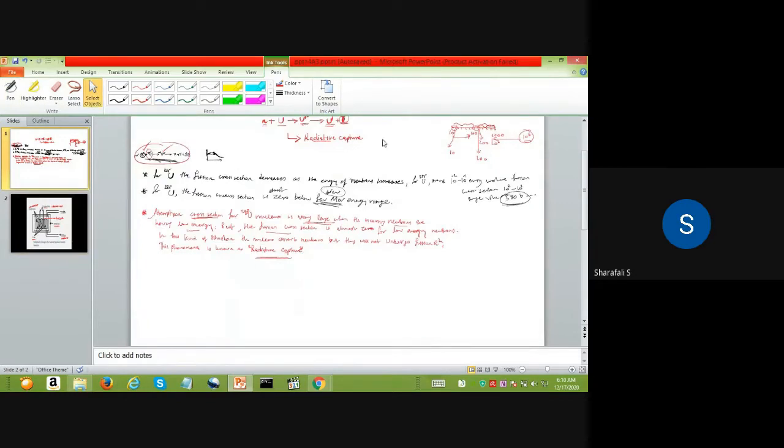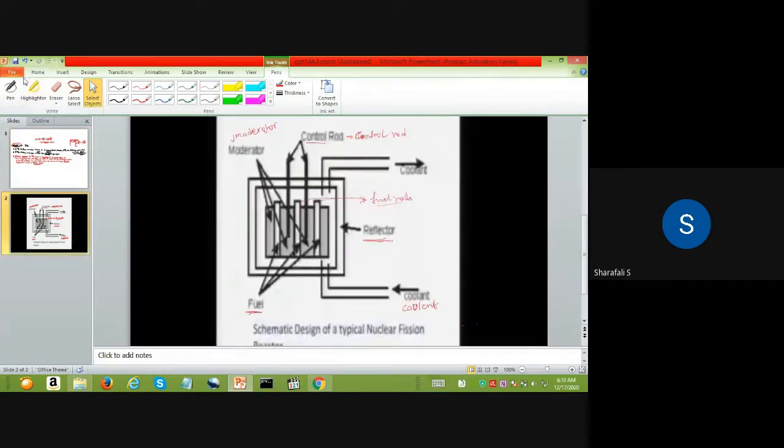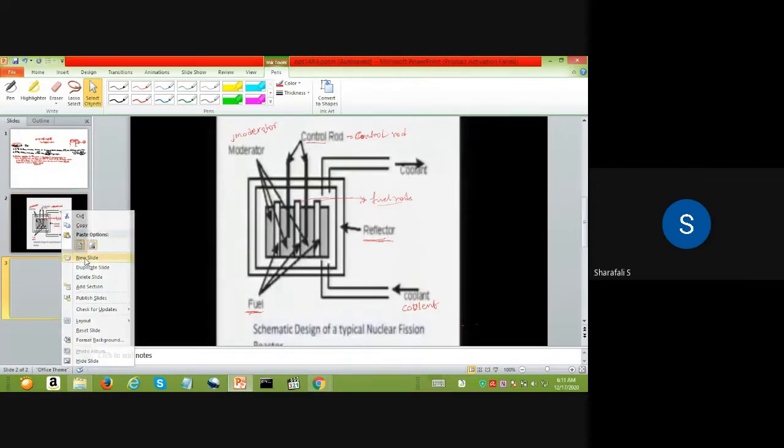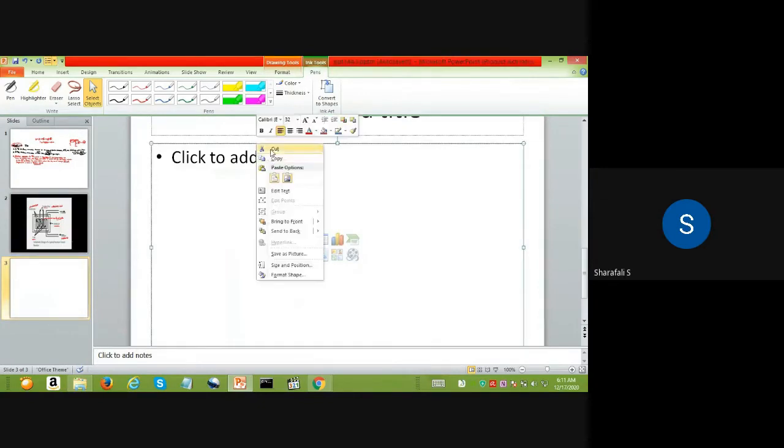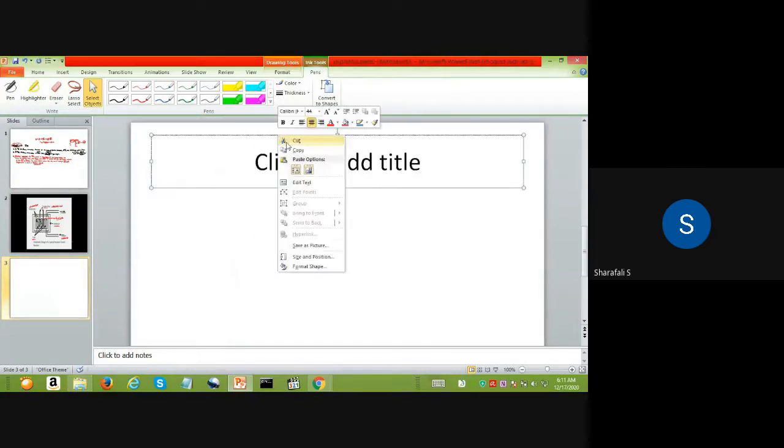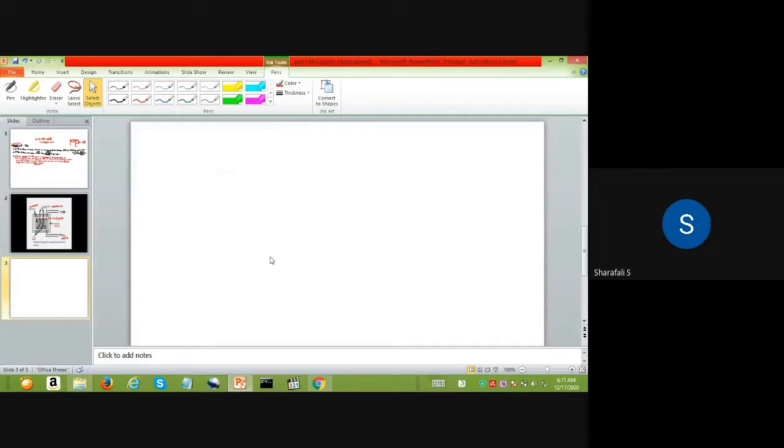There can be some other radioactive heavy nucleus, but mostly we consider uranium. I will just insert one new slide here. So the fuel will be uranium.